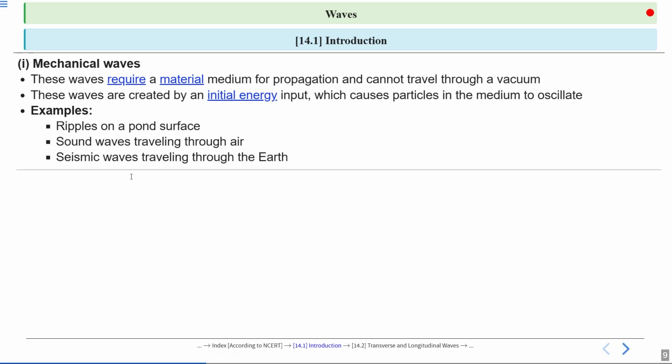A third example is seismic waves traveling through the earth. These are the waves produced in the ground, causing the earth's particles to vibrate. So to sum up, mechanical waves always need a material medium like water, air or rock to carry the energy from one place to another.